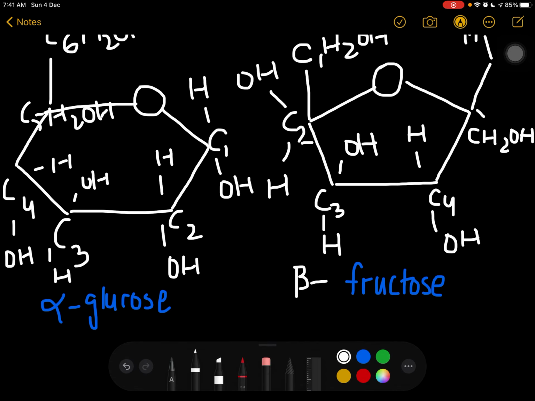Now what will happen, this glucose will form OH from this, like this. The water will be here. The process of dehydration, condensation will take place, right?